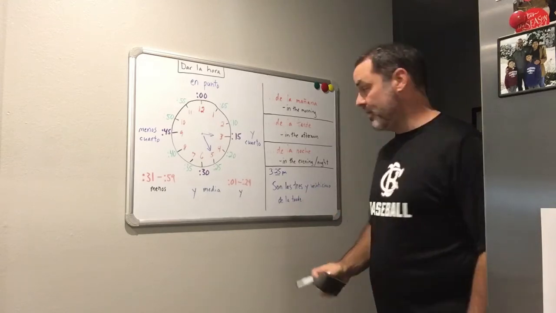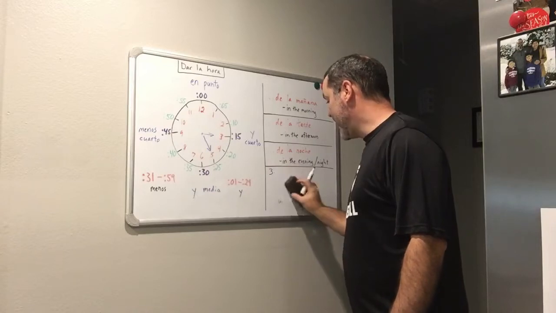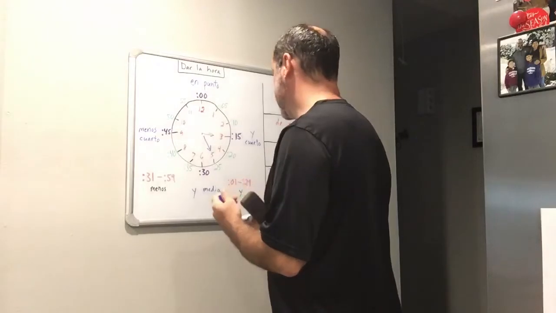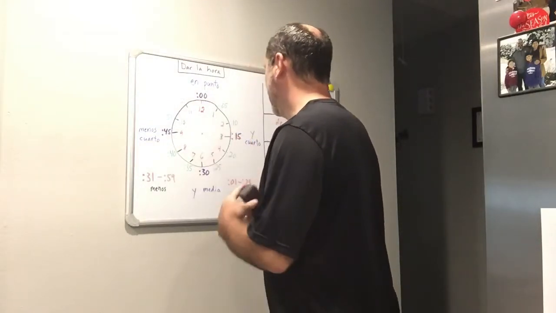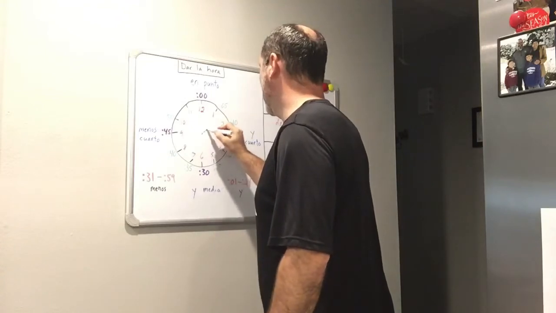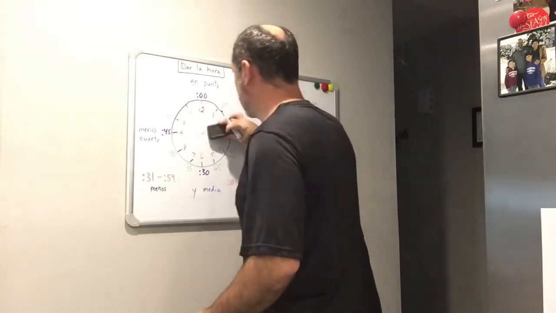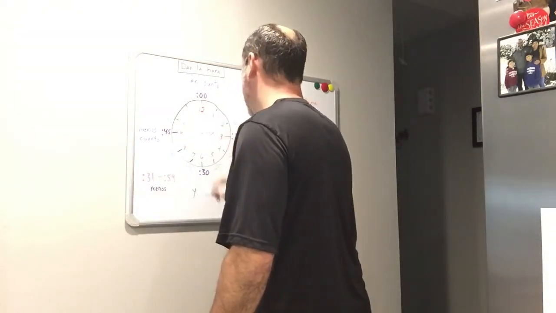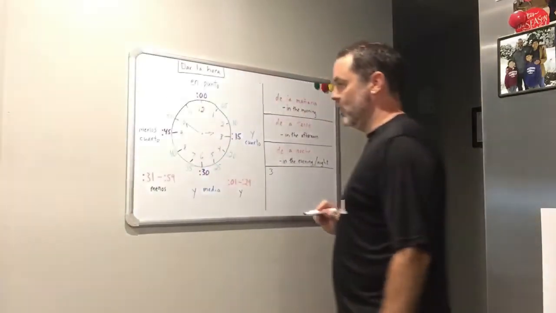There's an example there. Now let's go the other way so you can see again how to go through subtracting. All right, let's say that the little hand is pointing in between the 1 and the 2. And let's say it's pointing in between the 2 and the 3. And the big hand is pointing at the 10, okay?